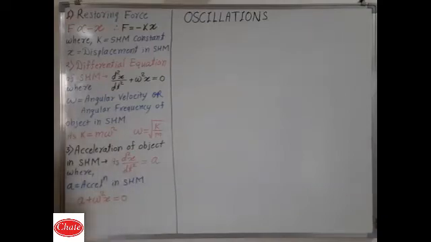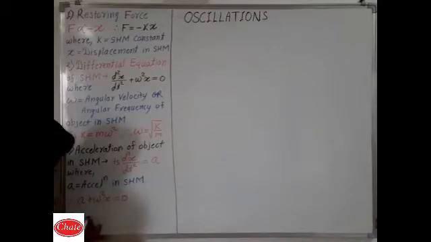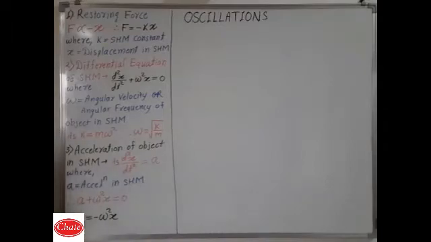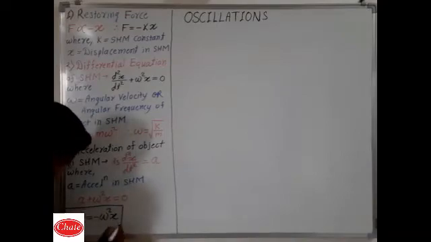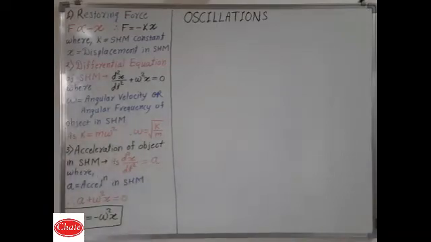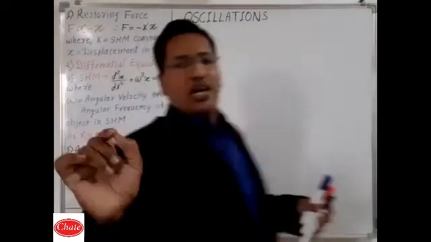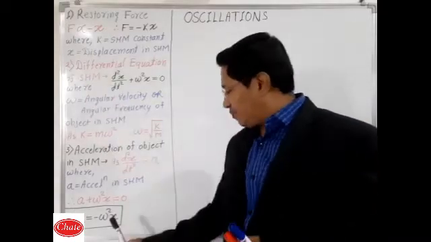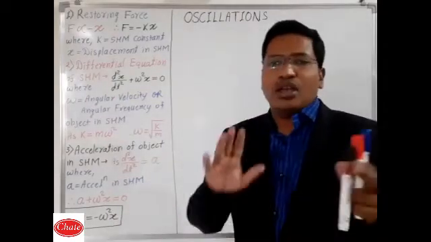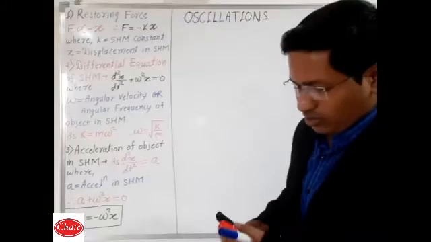Therefore, a is equal to minus omega square x. Any doubt here about acceleration? Clear? a is equal to minus omega square x, where x is the displacement, as we mentioned, and omega square is the angular velocity or angular frequency squared.